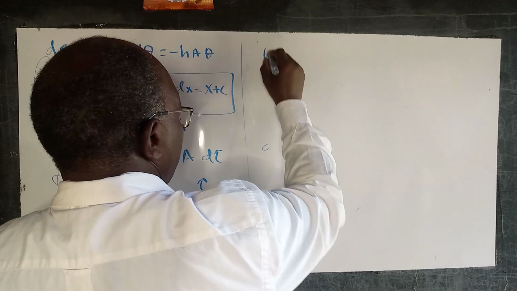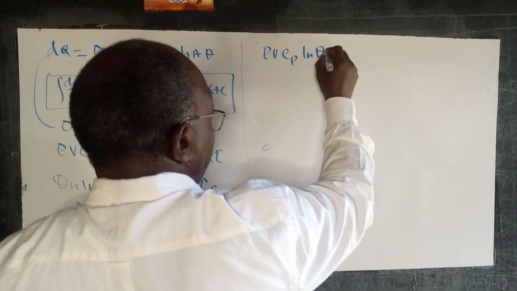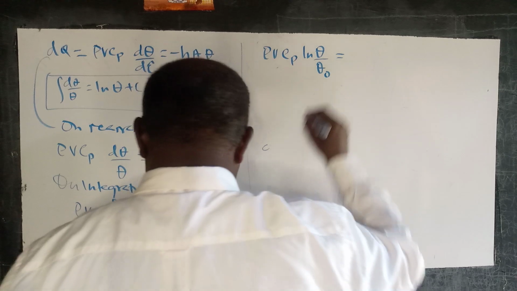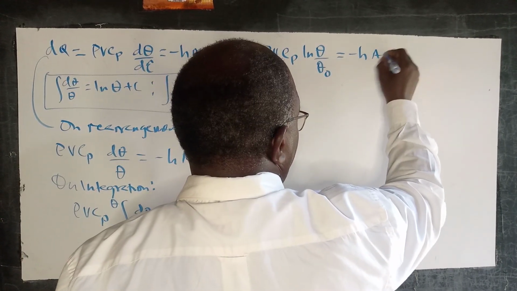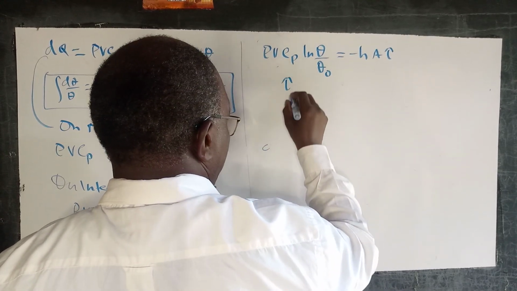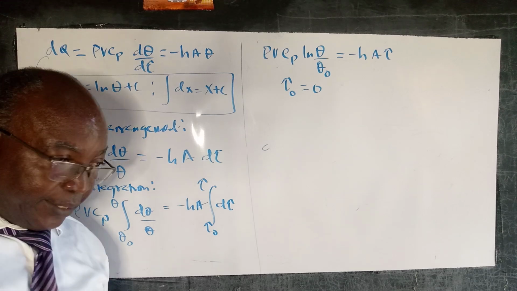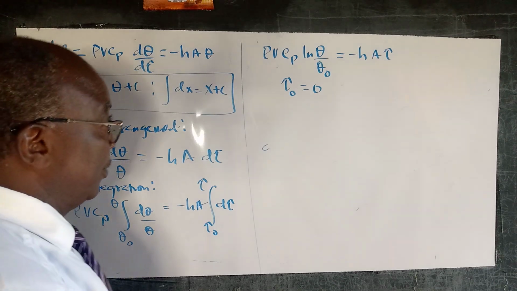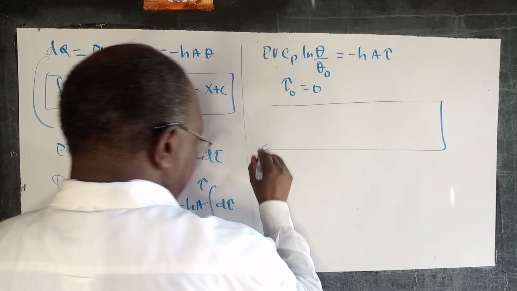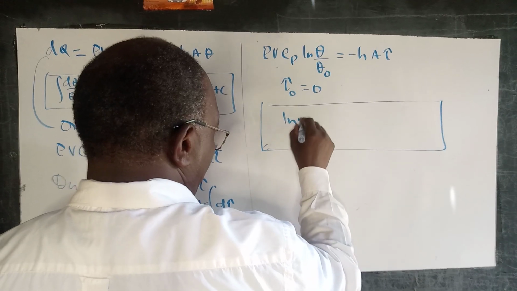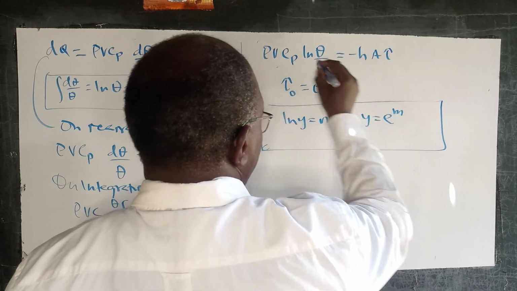So we'll have rho V Cp natural log of theta over theta naught is equal to minus H A tau. Remember, we are assuming that tau naught is 0. So that's the time interval for that process, and the initial time will be 0. So if we use the identity that natural log of y is equal to m implies that y is equal to e raised to the power m, we can simplify that.